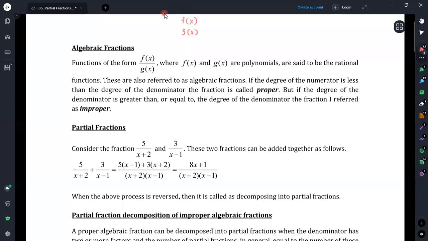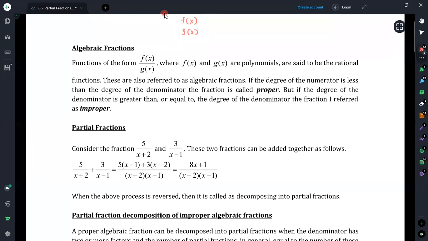And if we show these functions as a quotient, in the form f(x) divided by g(x), then we call this type of function a rational function, or what we are calling an algebraic fraction. Here it is a quotient, or division, of two polynomials. Therefore, if we show this division in the form of a fraction, we call it an algebraic fraction.